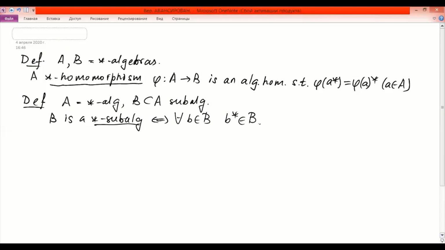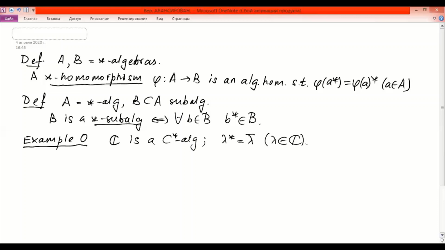Let's now look at some examples of C star algebras. Example 1, well, or better, example 0. The field of complex numbers is clearly a C star algebra. Namely, the involution is just the complex conjugation. So all the axioms of a C star algebra are obviously satisfied. Example 1.